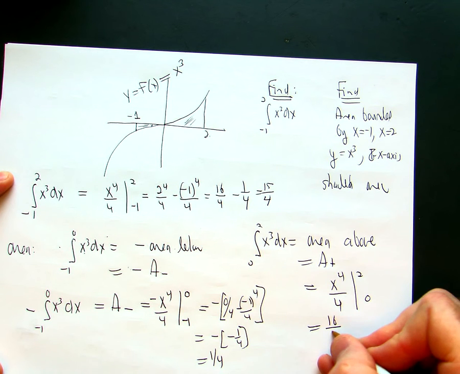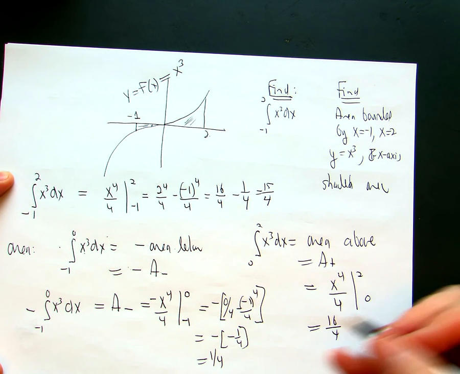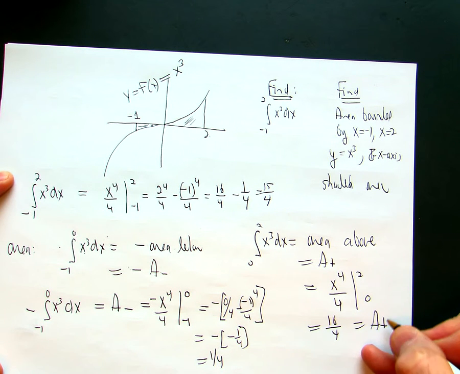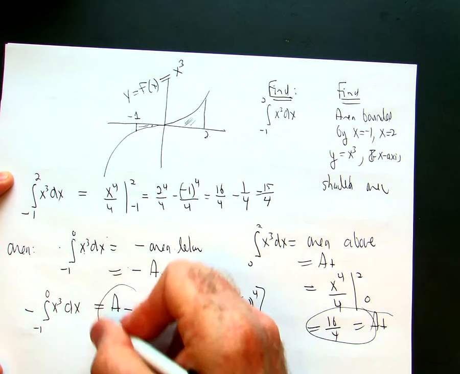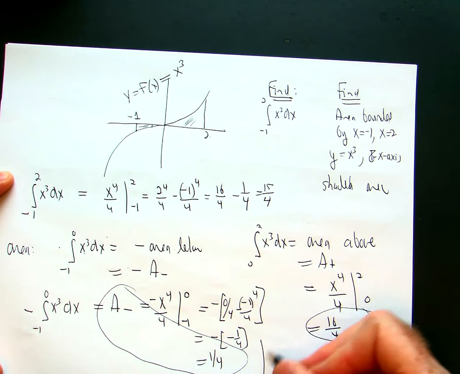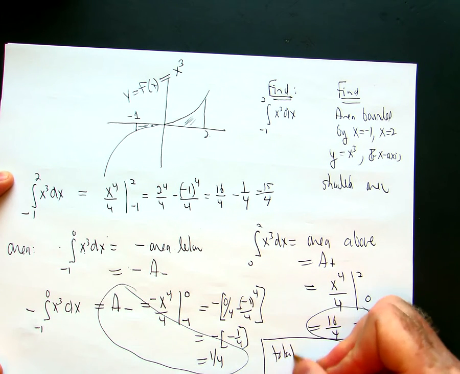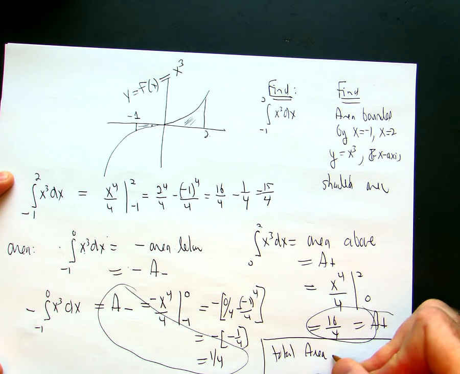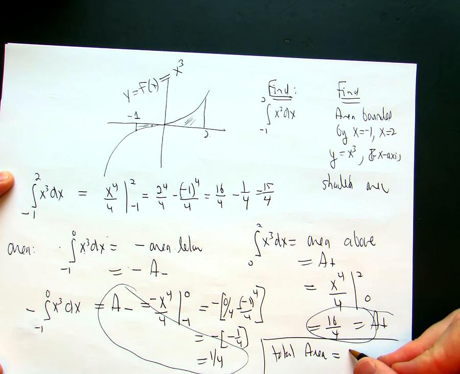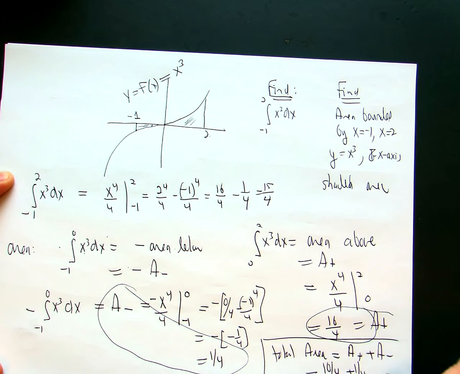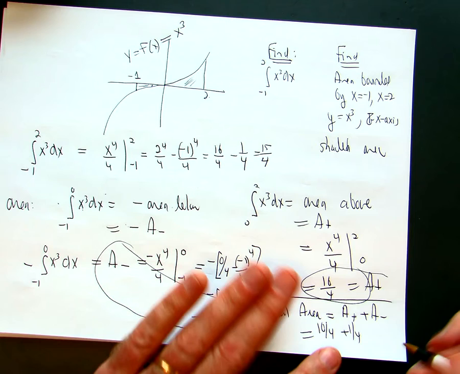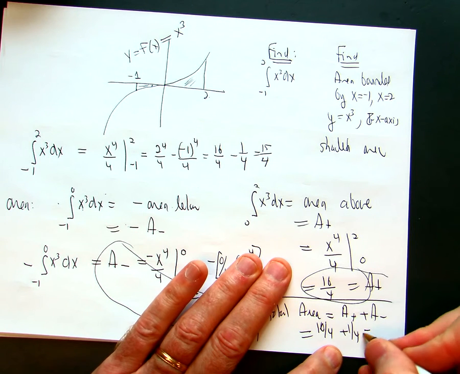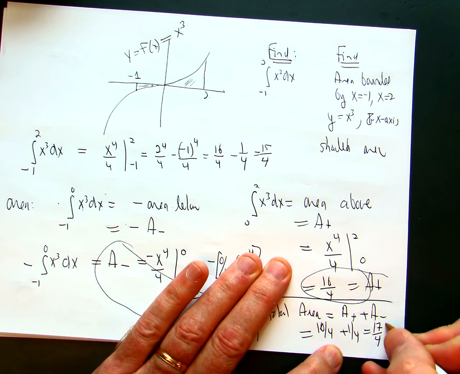I get 16 over 4, so this is area above, this is area below, so the total area equals area above plus area below equals 16 over 4 plus 1/4. I'm going to move that up just so you can see it a little bit better perhaps. That's 16, and that's going to be 17/4.